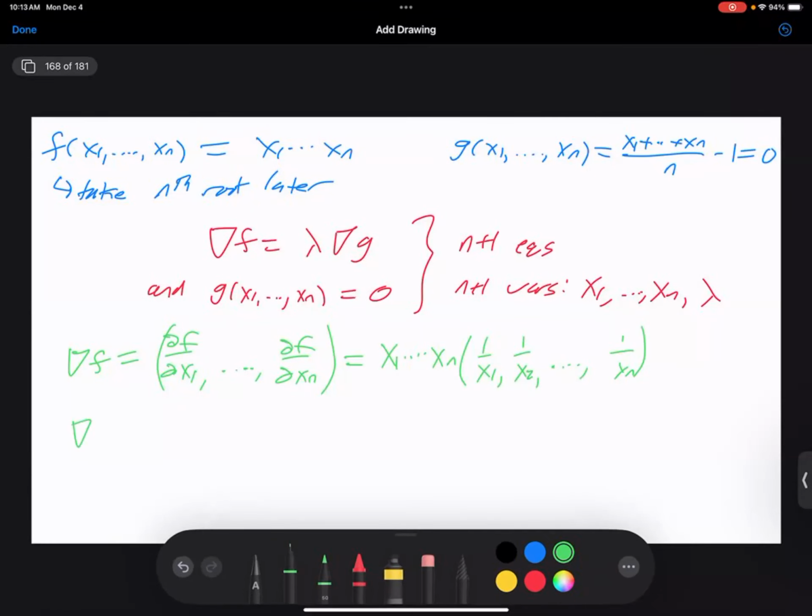What's the gradient of g? So what would the gradient of g be? Yeah, everything would be 1 over n.